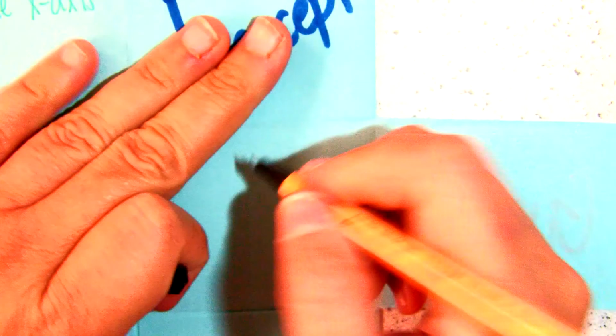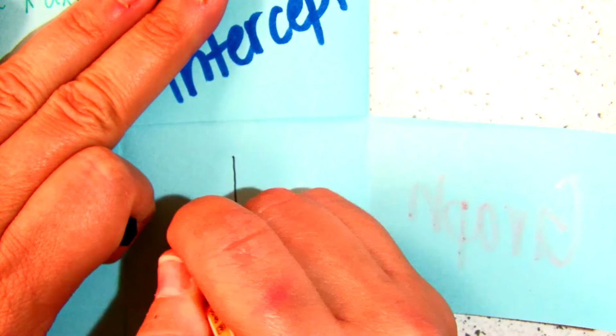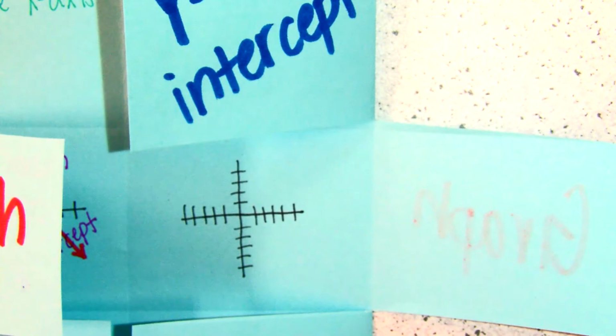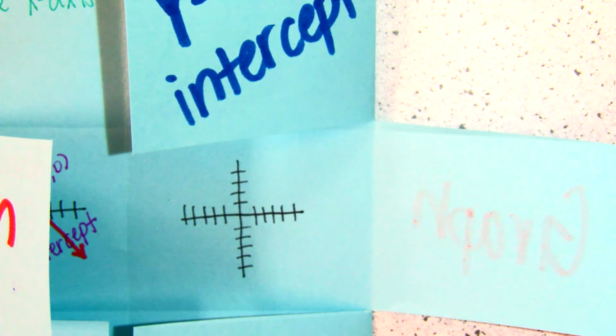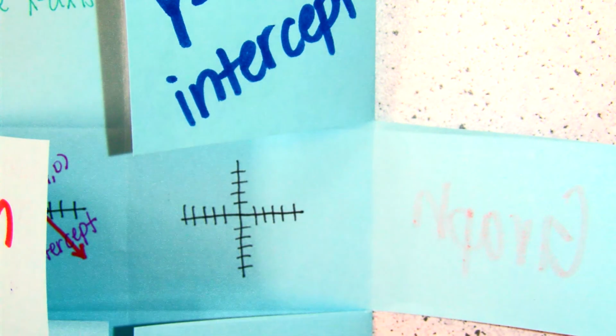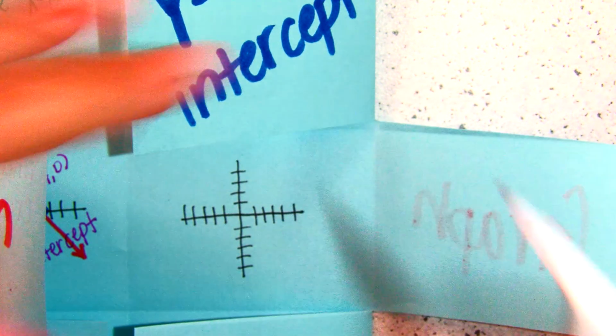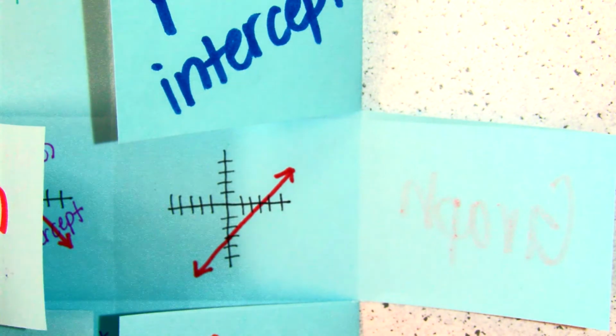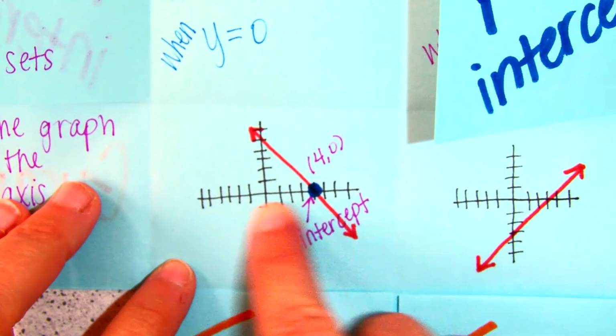So if we have a graph, I'm going to draw a quick graph. Okay. For the x-intercept, we looked for when it crossed the x-axis.